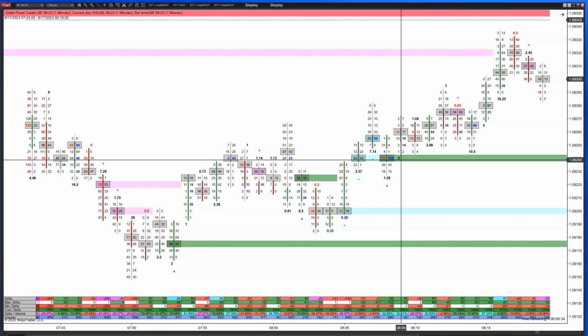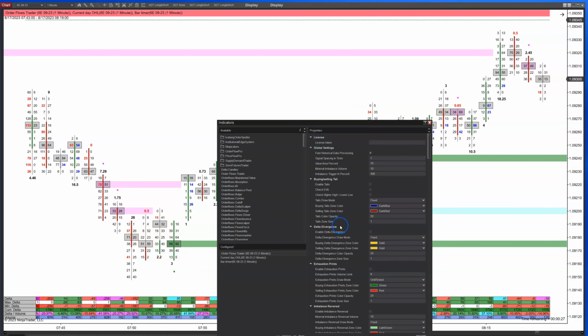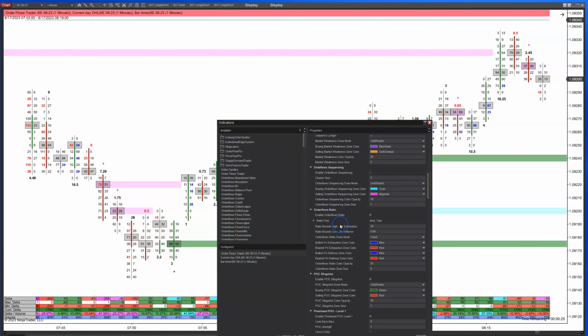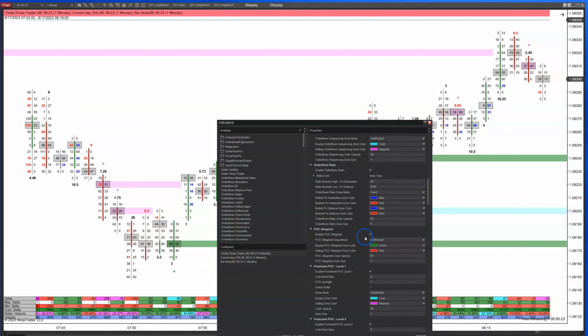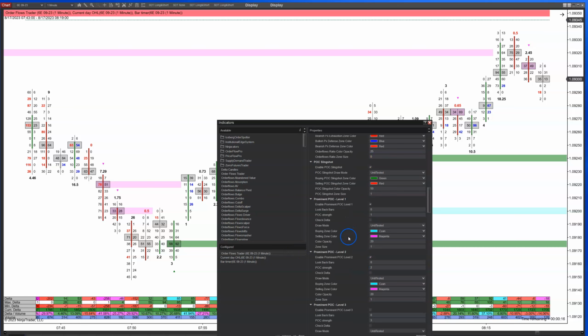You're either going to have bullish ones or bearish ones. Now, on the Orderflows Trader software, if you go into the settings, you'll find it under POC slingshot. You can see red and green, prominent point of controls until tested, cyan and magenta. I use prominent point of control level 1, prominent point of control level 2.